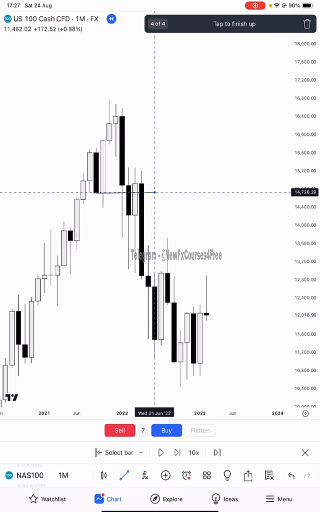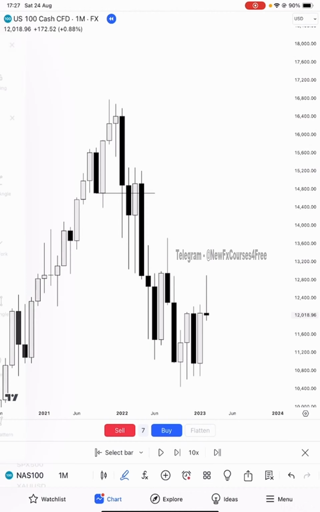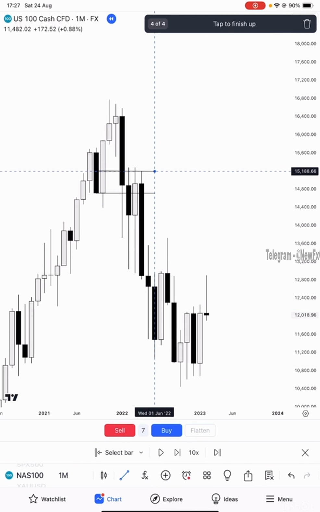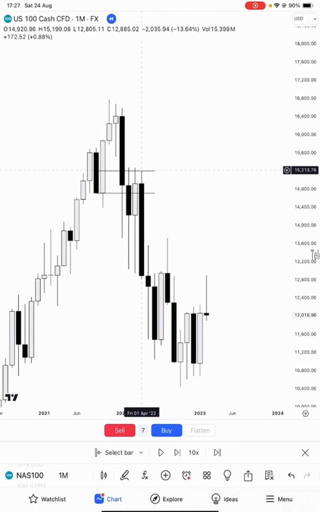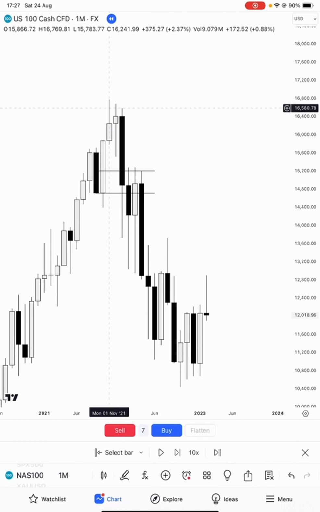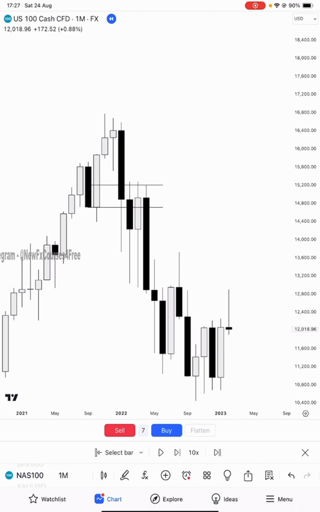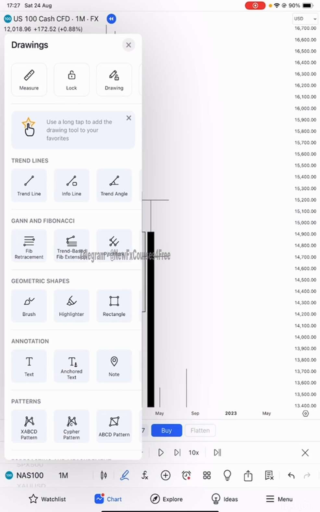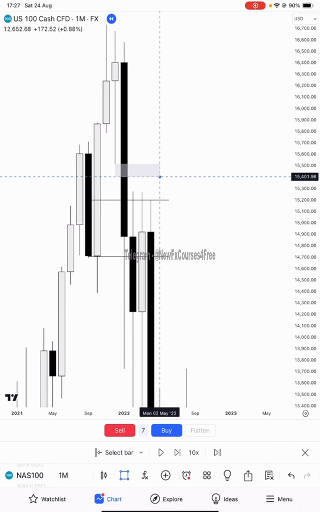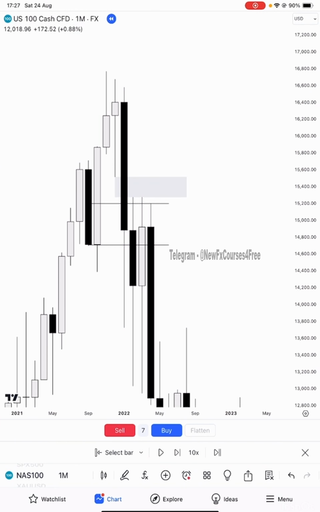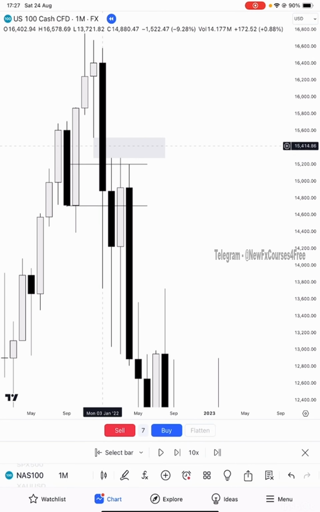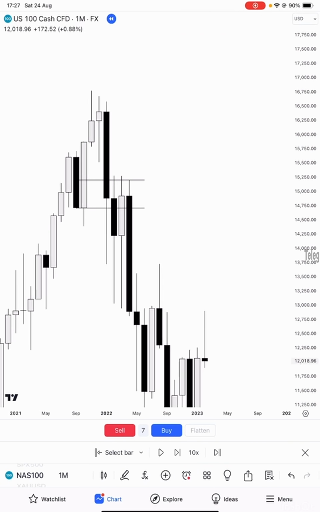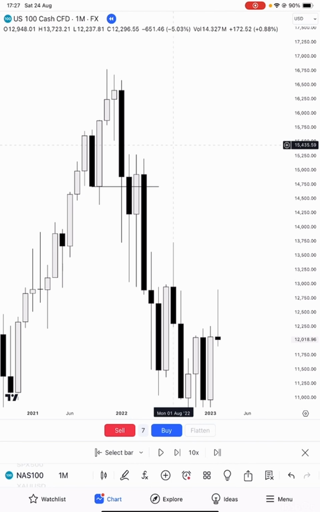Because this becomes a breaker once we close below here, and the mean threshold of the breaker is always respected. Breaker high, low, higher high, lower low, paired up with this. And that's the reason, by the way, why this FVG isn't filled, because as you know, a breaker leaves gaps unfilled. So another thing to think about.